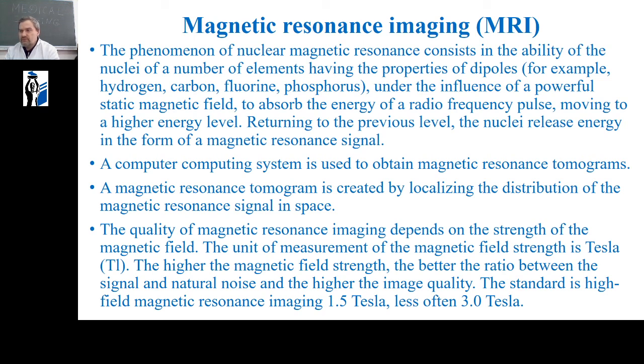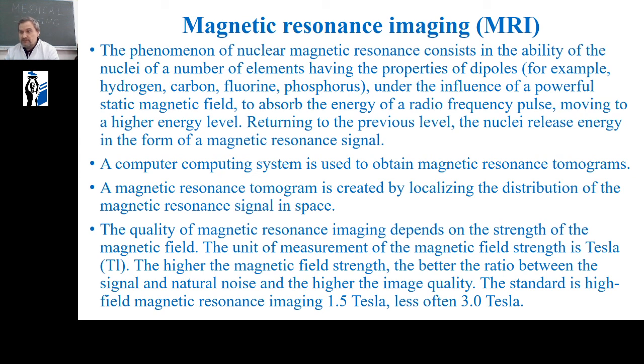The quality of magnetic resonance imaging depends on the strength of the magnetic field. The unit of measurement of the magnetic field strength is Tesla, T. The higher the magnetic field strength, the better the ratio between the signal and natural noise, and the higher the image quality.